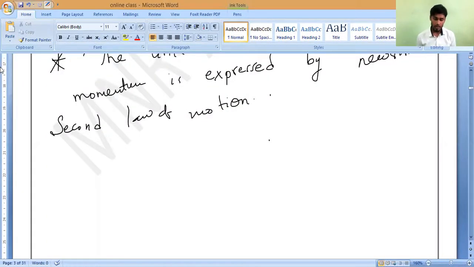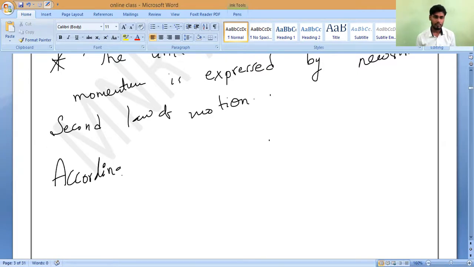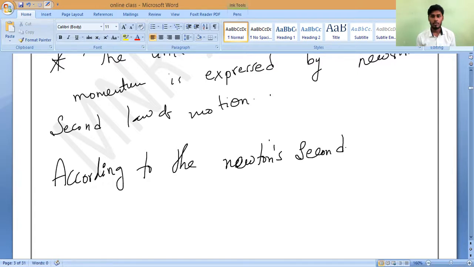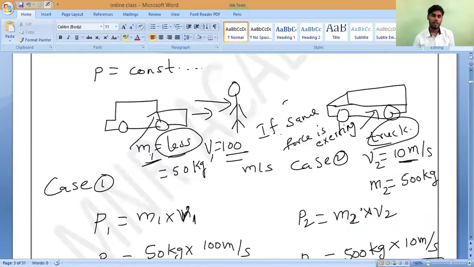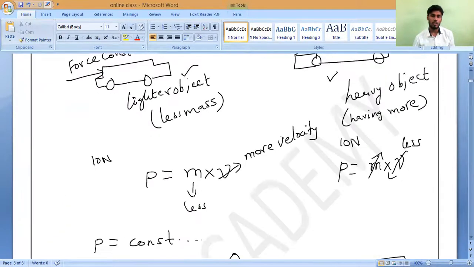According to the Newton's second law of motion, according to the Newton's second law, according to the Newton's second law, what will come down? According to the Newton's second law, what will comes? Tell me, according to the Newton's second law of motion, what will comes?